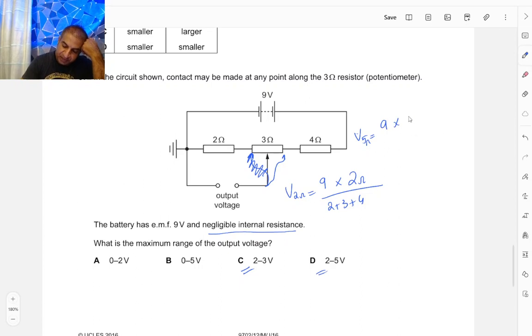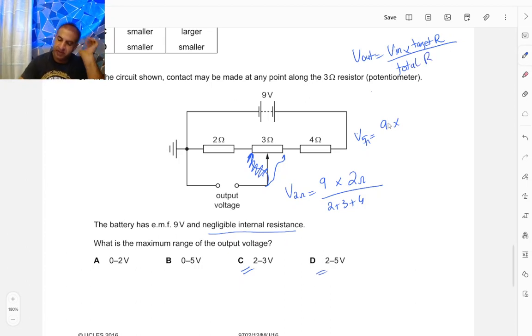I'm using the potential divider formula, which is V out is equal to V in multiplied by target R divided by total R. So you can use this formula if you ever get caught. You will not have to find the current. Otherwise, you will have to go find the current and then work this out. This is going to take ages, and it's just going to waste a lot of time.